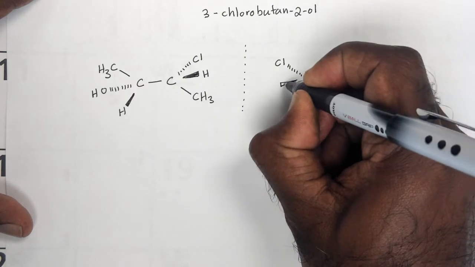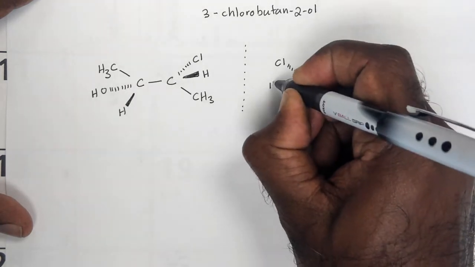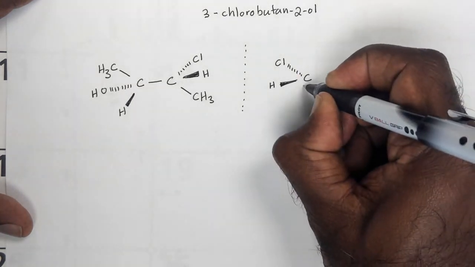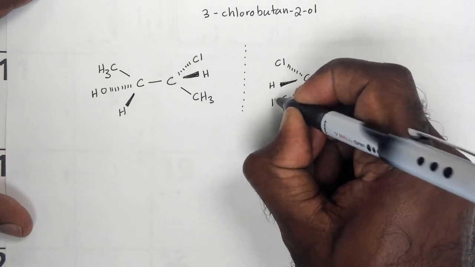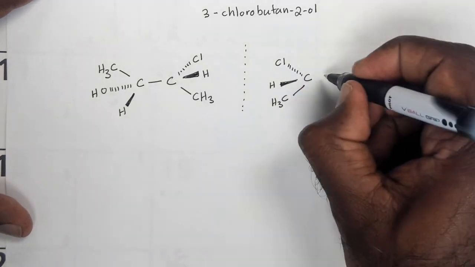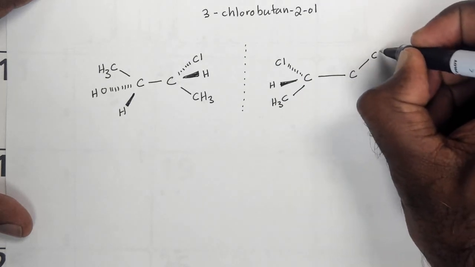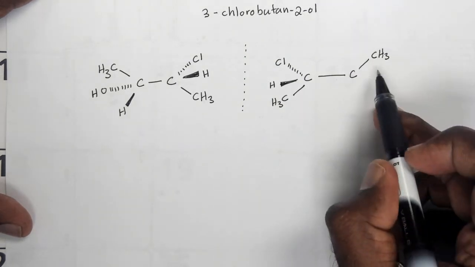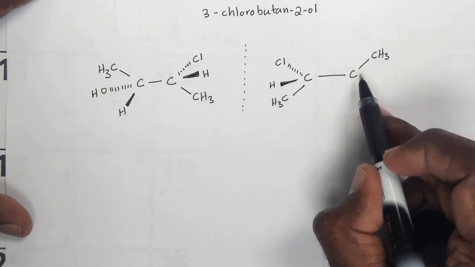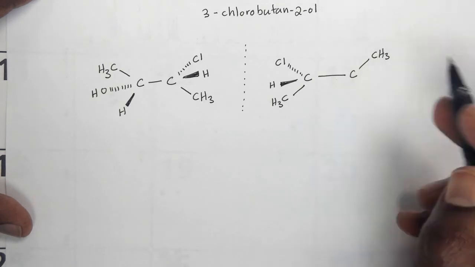Now that's pointing toward me, still toward me, but in the mirror, and I have the methyl group in the plane. I'll draw the backbone of the other carbon and the methyl group furthest from the mirror, pointing in the same direction, in the same plane.